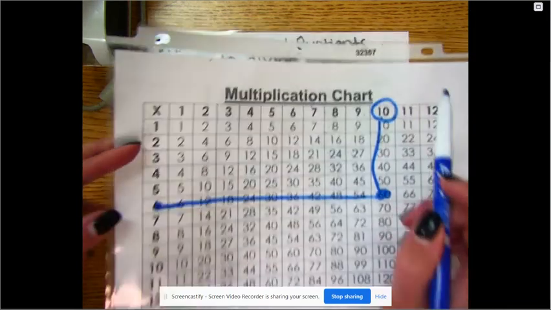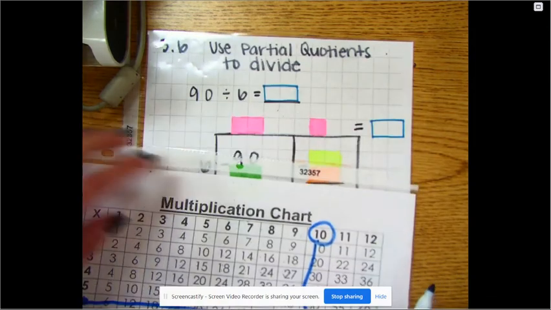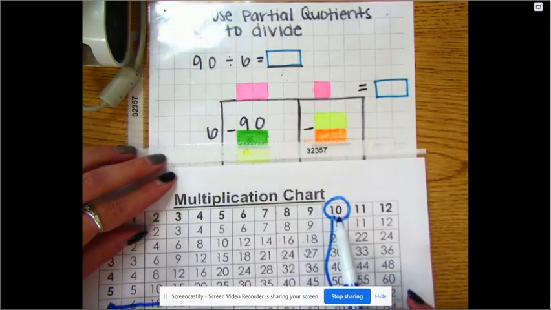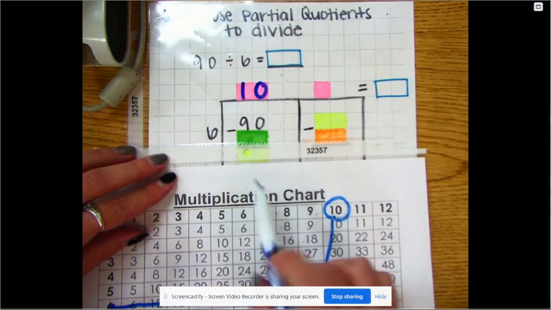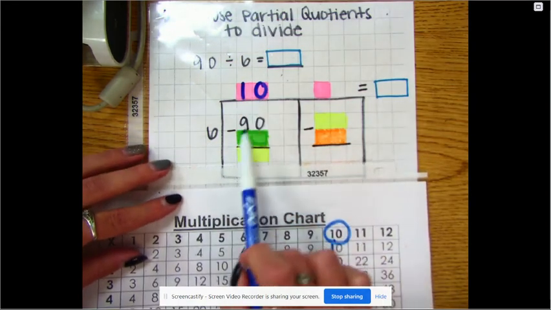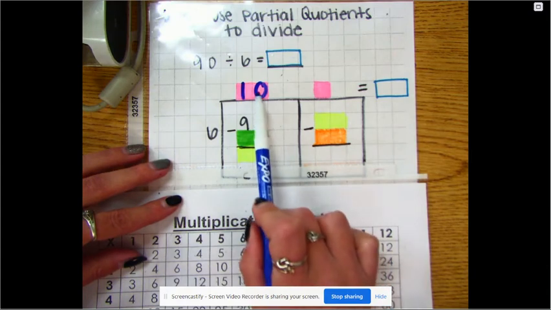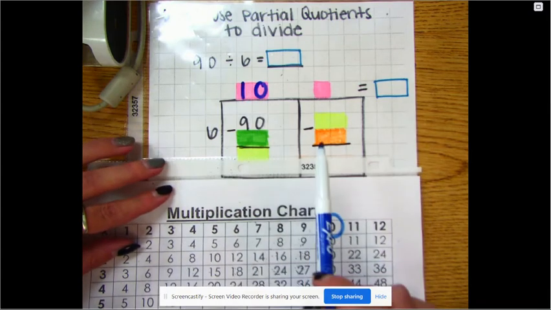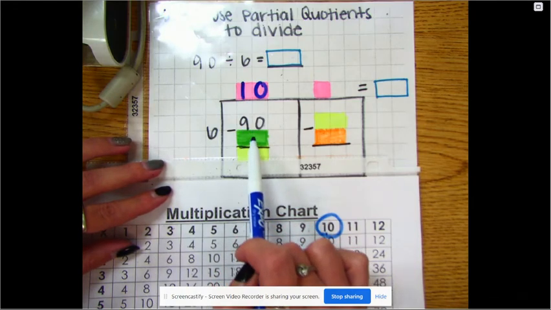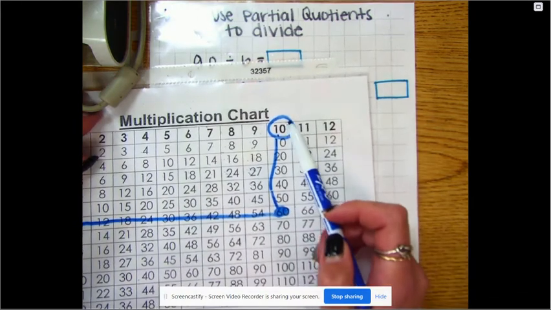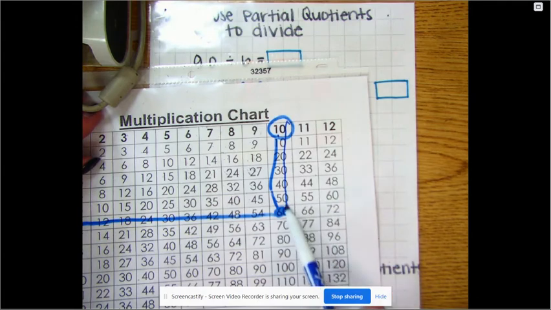10. If I look at my multiplication chart, 10 is at the top. So I know that on the top of my partial quotient, I'm going to be putting a 10. Now, straight down from that 10, I have this green box. Where did my numbers meet? 60.